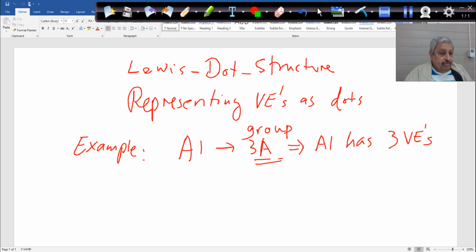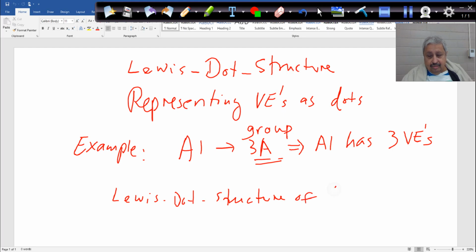So I can write the Lewis dot structure of aluminum here would be Al, 1, 1, and 1. So it has how many? 3. So 3 VEs, so 3 dots equal 3 VEs.